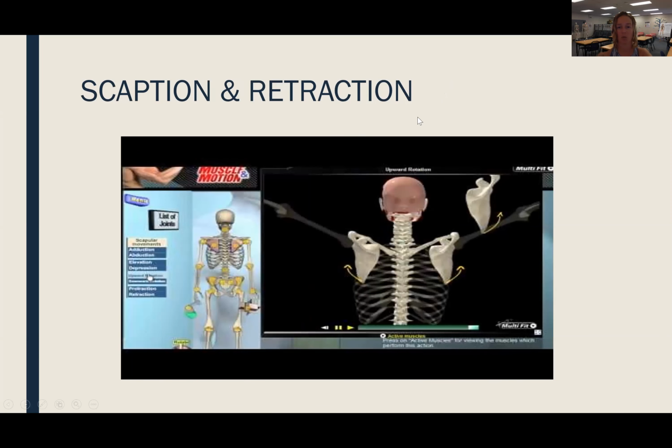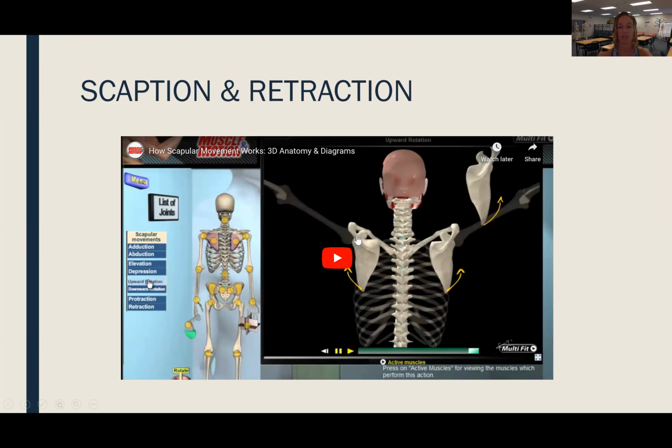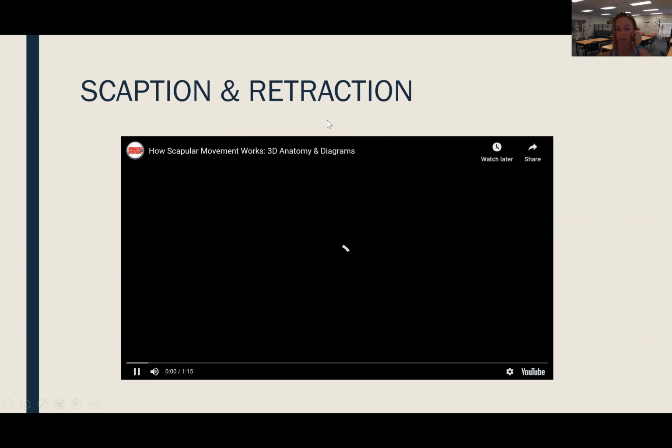Scaption and retraction. So this is similar to what I just went over with the protraction and retraction, but scaption, because our scapulas don't just move in one way, it's called scaption. So it's a multiplanar movement again, and you'll just see it here. We are not going to go over it much in detail.